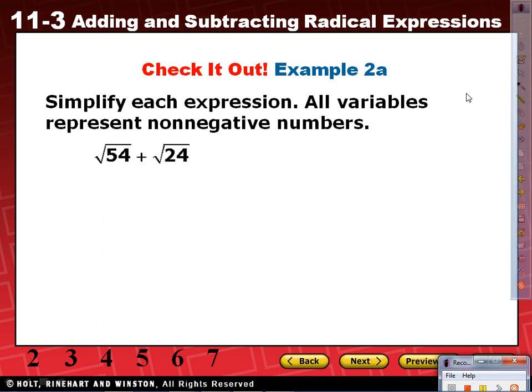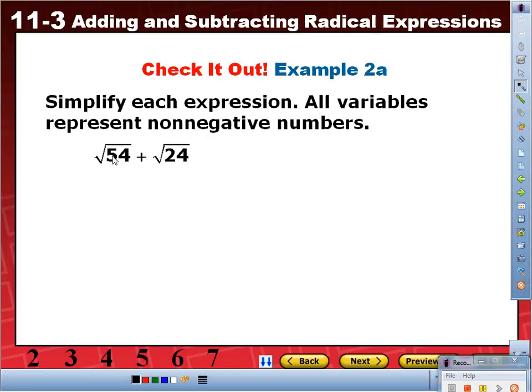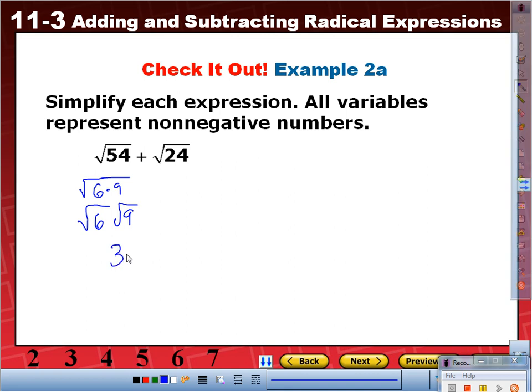Okay, help me with this one, Chaim. How can I break down the first term? 6 times 9, square root of 6, square root of 9. So I simplify the 9, right? That becomes what? And then? Okay. So then the second term becomes what? 6 times 4, square root of 6, square root of 4.